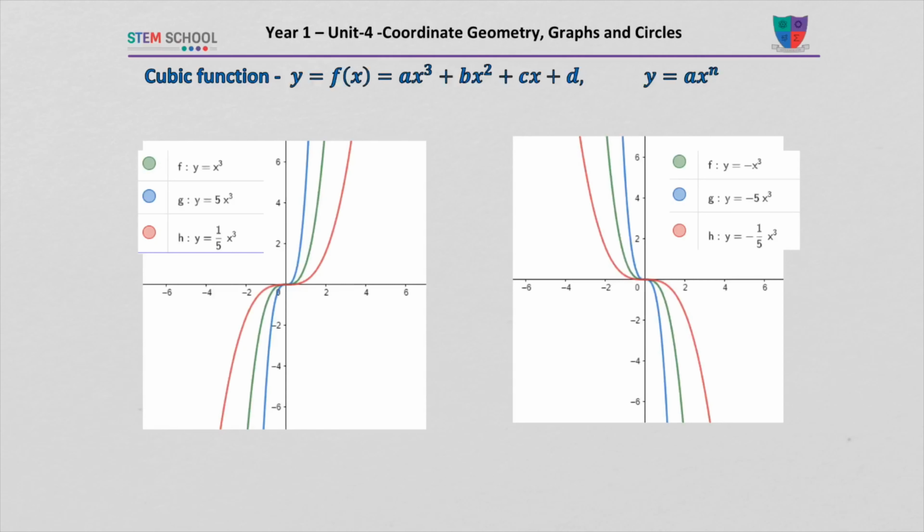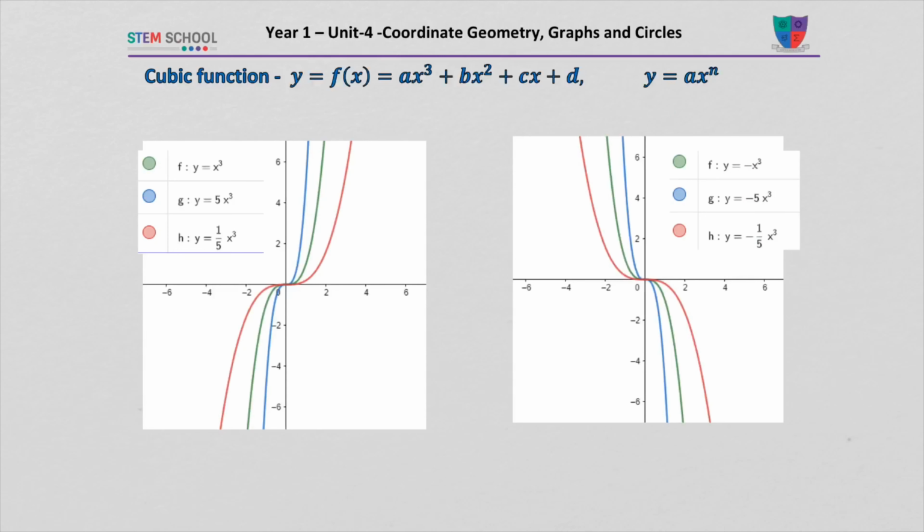And the same thing for the negative: minus x cubed, minus 5x cubed, minus a fifth x cubed. But instead of starting from the third quadrant, it will start from the second quadrant because a is negative.